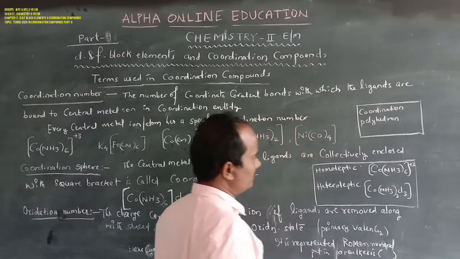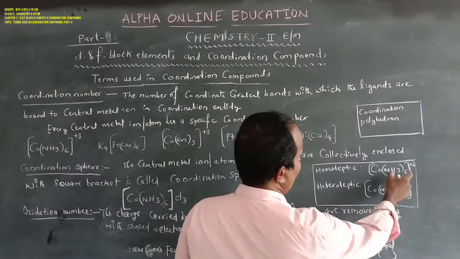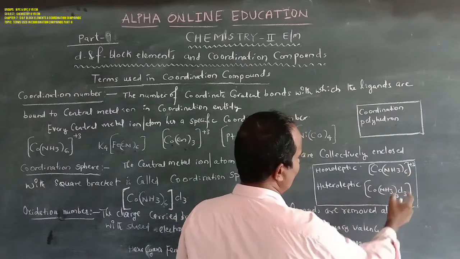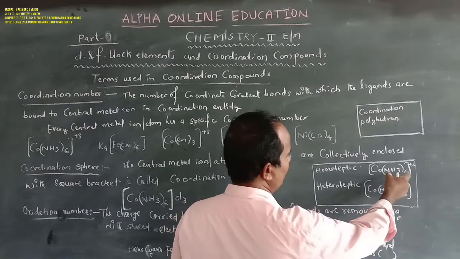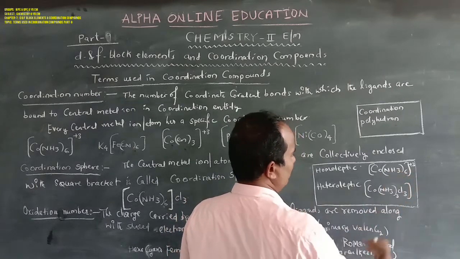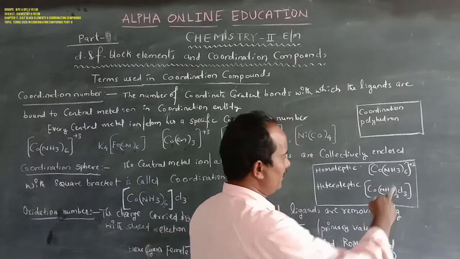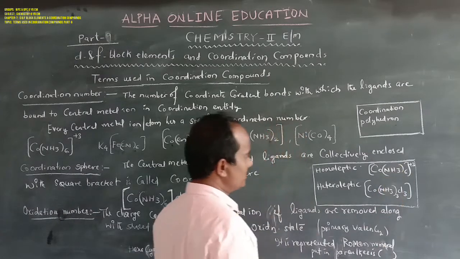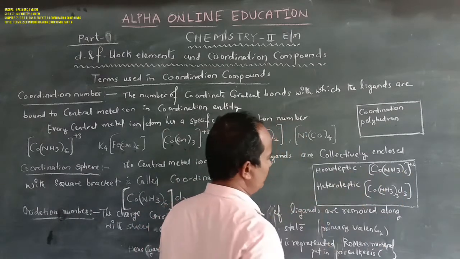There are 6 ammonia molecules, all 6 ligands belong to the same category, they are ammonia, that's why it is a homoleptic complex.